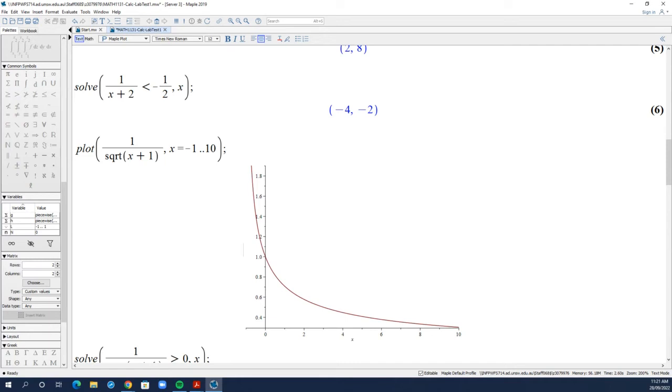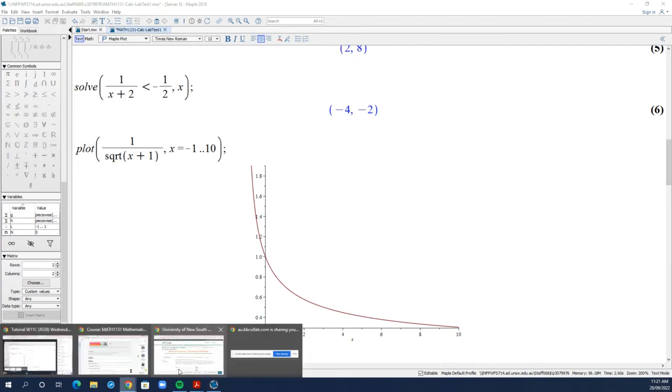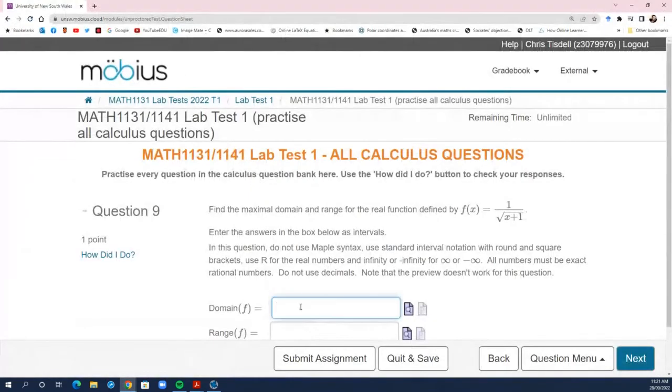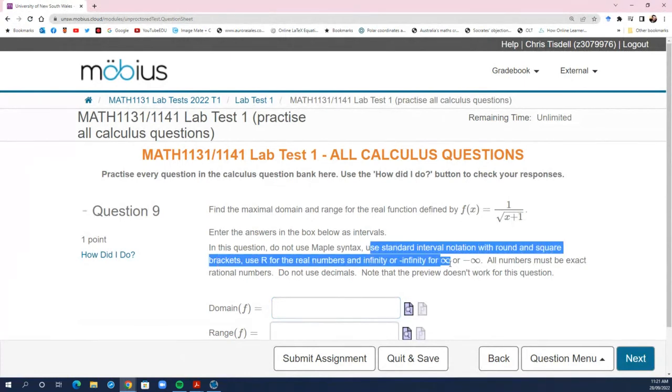Yeah, Evelyn, great. So how would you write that as an interval, Evelyn? So if you were going back to this, what would you actually write? Use standard interval notation with round and square brackets.